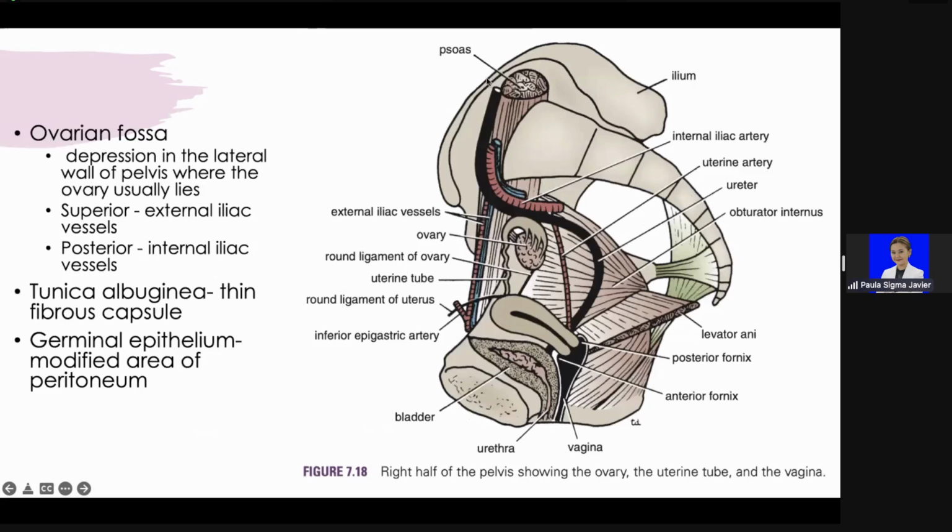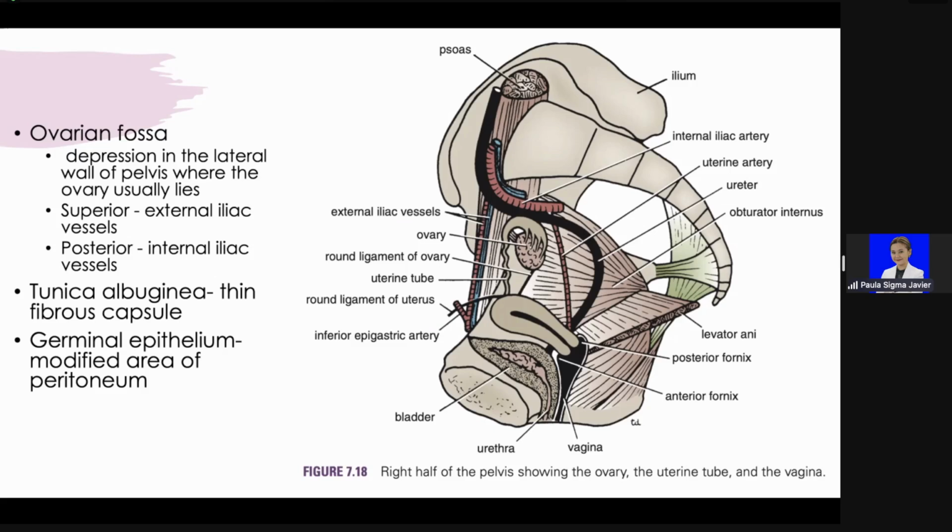Okay, so the ovarian fossae are depressions in the lateral wall of the pelvis where the ovary usually lies. Why usually? Because the ovaries don't necessarily lie in the exact same location in every person. So it may be random, especially after pregnancy.